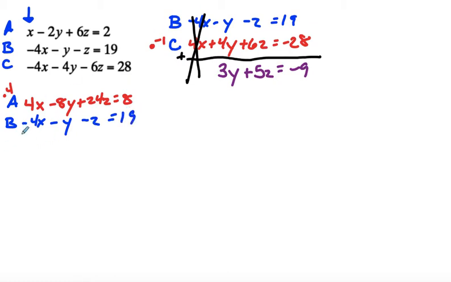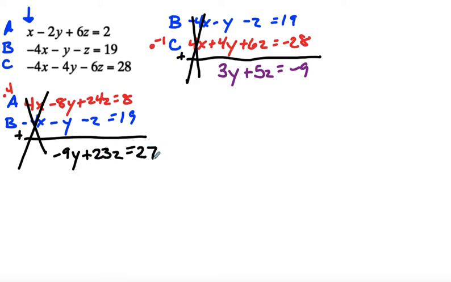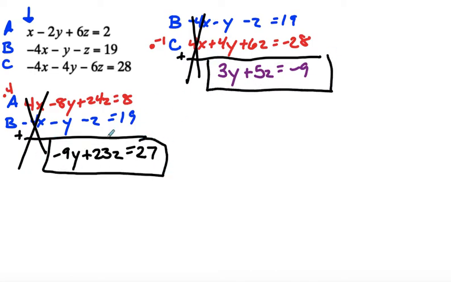Then I can go through and add. So these will eliminate. This will be negative 9y, this will be 23z, and this will be 27. So by doing this, I now have created 2 equations in 2 variables. And notice the variables are the same, which makes this into what we did in Algebra 1. So once I've done that elimination, now I can create a new system of what I've got left.